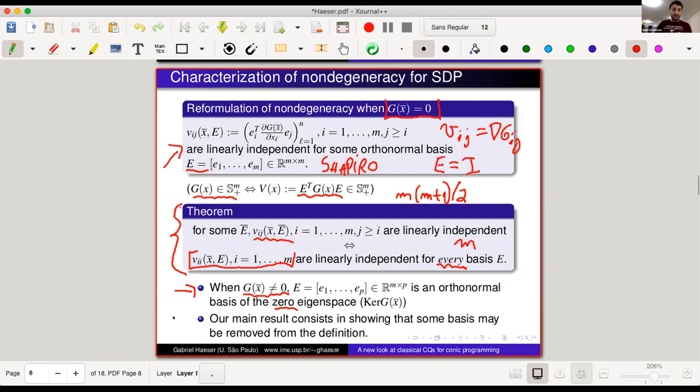I want to talk about our main result, which is that we discovered that we don't need to consider all bases for this condition to be a constraint qualification. Non-degeneracy asks that for all bases, these vectors are linearly independent, and we will show that we can remove some of these bases from the definition, and it will still be a constraint qualification. And with this, we make our peace with the diagonal case.